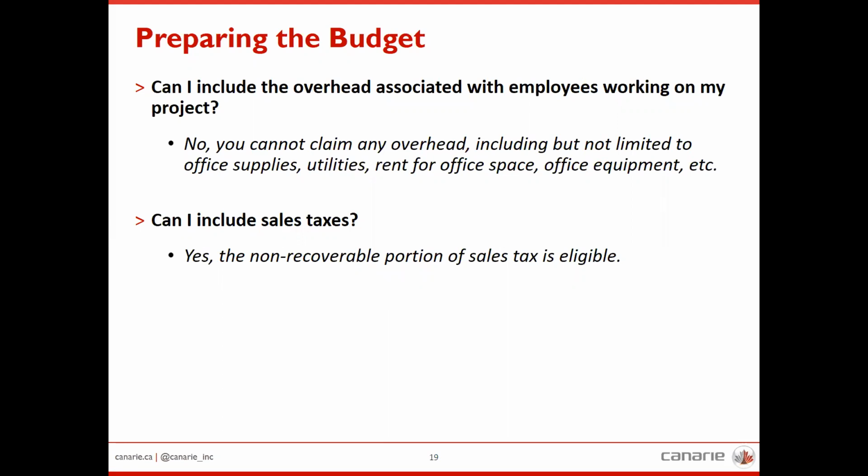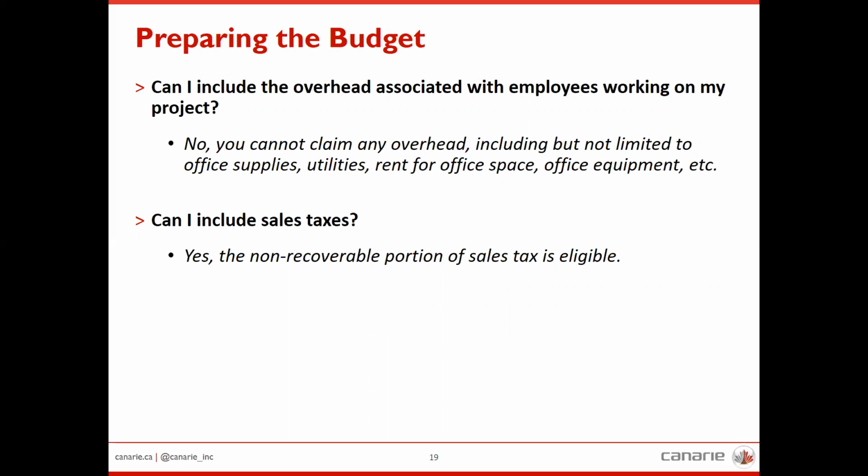So a question that we get a lot when people are preparing these budgets is, can you include any overhead in the budget? And the answer is no, you can't claim any overhead. Some examples of overhead would be office supplies, utilities, rent, markup of salaries, office equipment, etc. So there is a list in the schedule of eligible costs, a more fulsome list of non-eligible costs that you can refer to as you're preparing your budget.